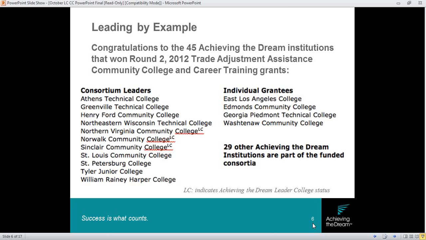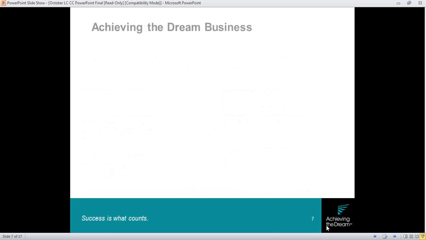So we've got a tremendous center of gravity now in the DREAM network of institutions who have trade adjustment grants and are going to be learning more and more about how you work on the career and workforce side of the equation, trying to get more students into situations where they're better prepared for long-term careers. So we're going to be looking to that group to learn a lot this year. But hats off to all of you for being successful in that recent competition.